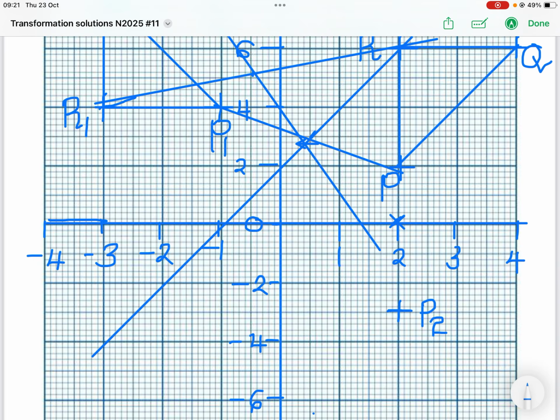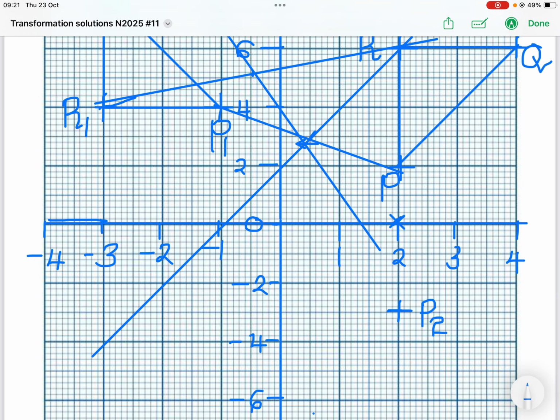We do the same procedure for R. From R to the center of enlargement, we are having 1, 2, 3 boxes, right? And then after that, we say 3 times minus 1.5. Let us calculate 3 times 1.5.